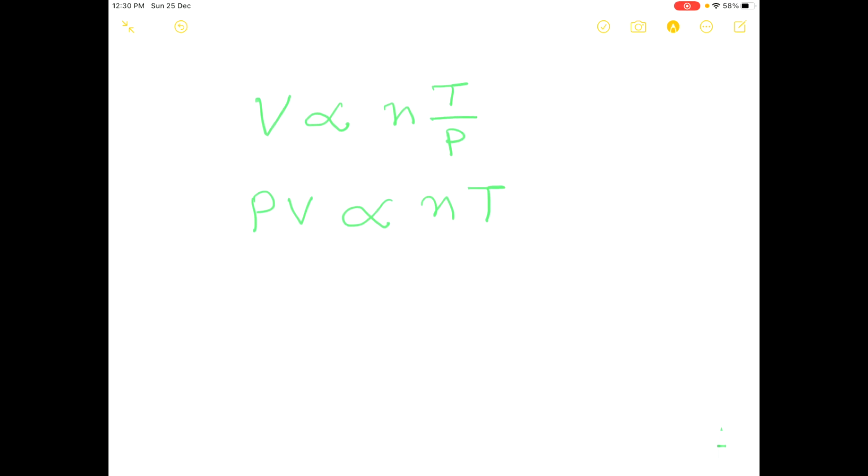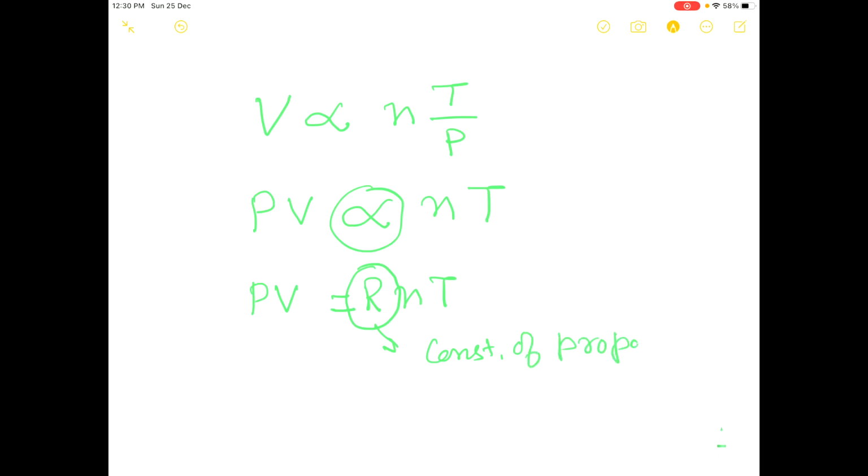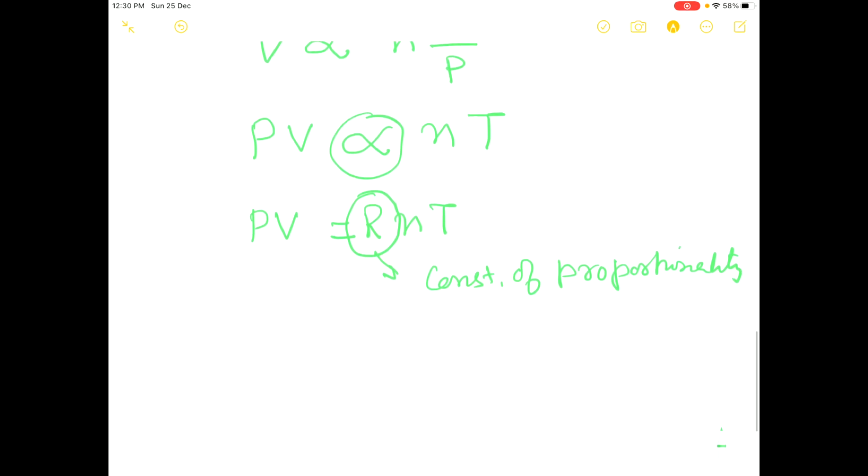And now this can be replaced by putting a constant. This is constant of proportionality, and this is called gas constant, molar gas constant.